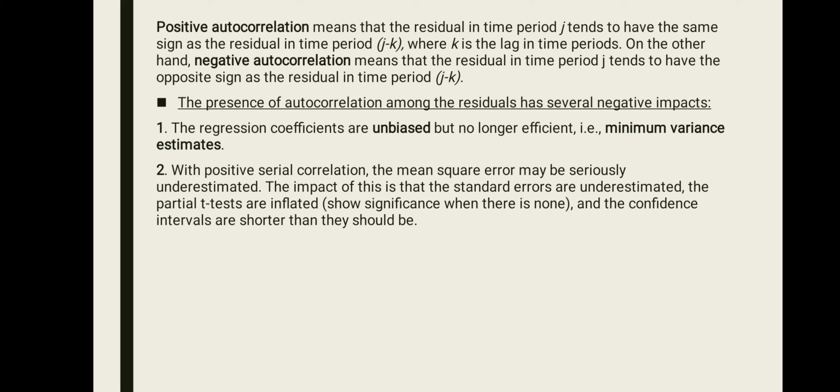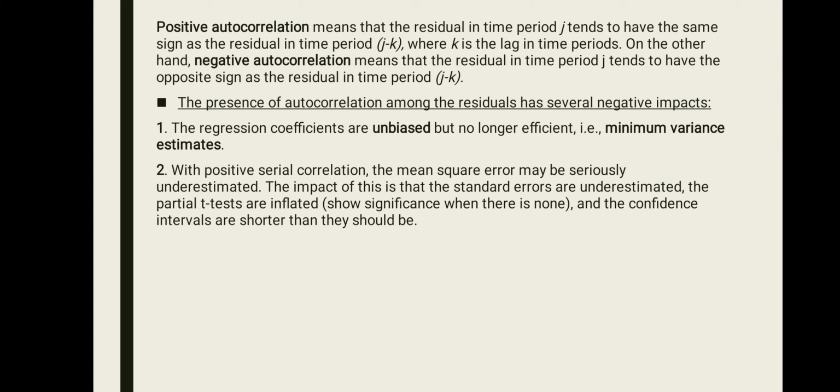Positive autocorrelation means that the residual in time period j tends to have the same sign as the residual in time period j minus k, where k is the lag in time periods. On the other hand, negative autocorrelation means that the residual in time period j tends to have the opposite sign as the residual in time period j minus k.